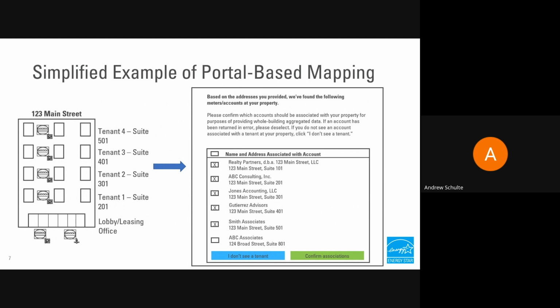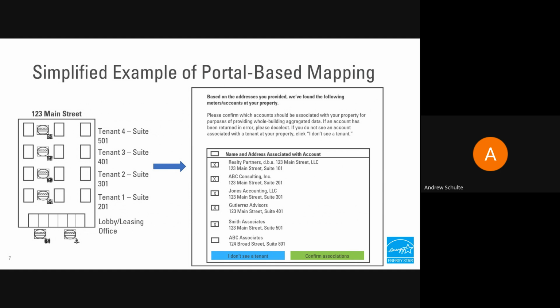Generally speaking, the utility will have some limited number of upfront questions, right? They might say, all right, give us your primary building address. They might also say, and this is best practice, if you have any alternate addresses for this building, please provide.